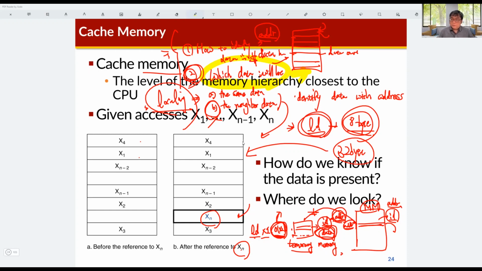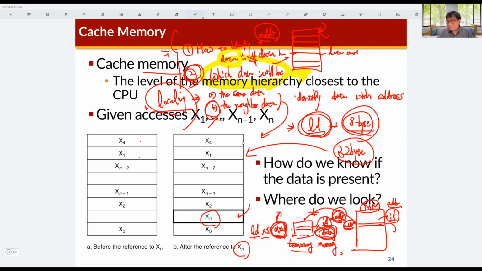So which data will be stored in the cache? If certain data is requested, then this data is stored in the cache. Why? In order to exploit temporal locality and spatial locality. And then how to identify data in the cache.